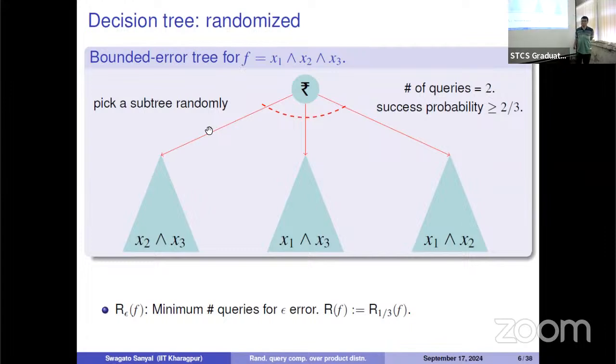This choice of 1/3 may appear arbitrary, but if you're familiar with randomized computation in general, you would know that this 1/3 could be replaced by any constant strictly less than half, without affecting the measure by more than a constant factor. The depth of a given randomized algorithm is defined to be the depth of the largest decision tree in the support, the height of the largest tree.